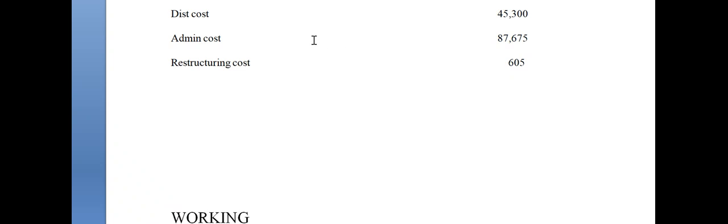605. Please, admin costs, we did workings there. Workings note 4. So all of these are costs. Let's deduct all of these from the gross profit.